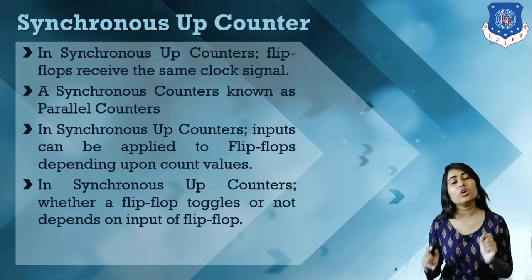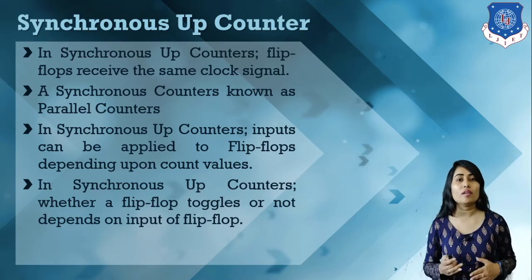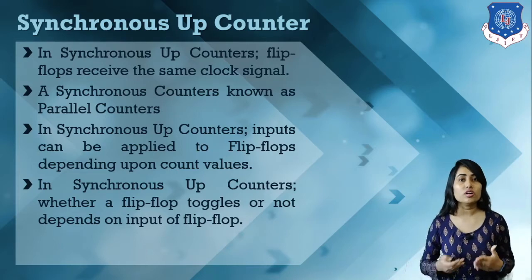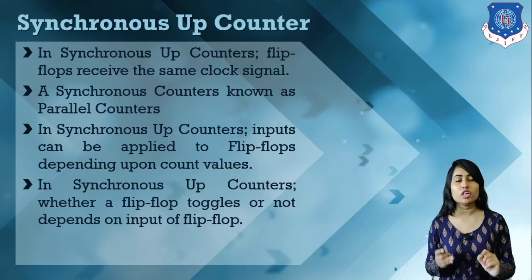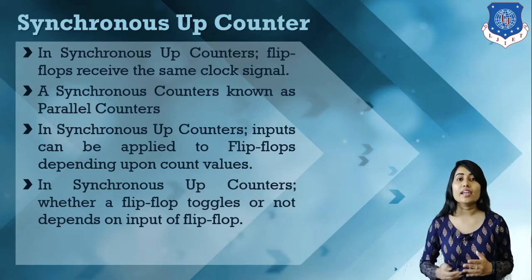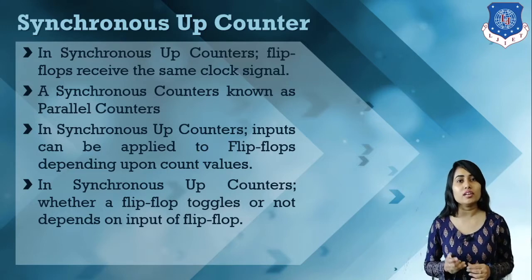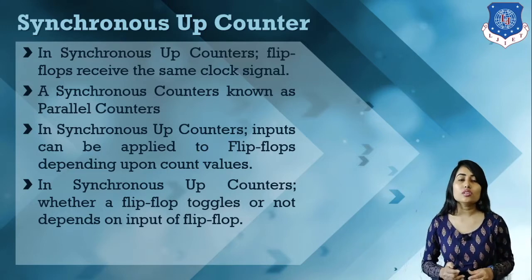According to our input values, the flip-flop goes into toggle mode and it will count our values, that means the values of the counter. So in a synchronous counter we have the same clock signal for all flip-flops, and inputs are different, which we can calculate according to requirement. Here we require a synchronous up counter. So let's discuss this synchronous up counter with an example.